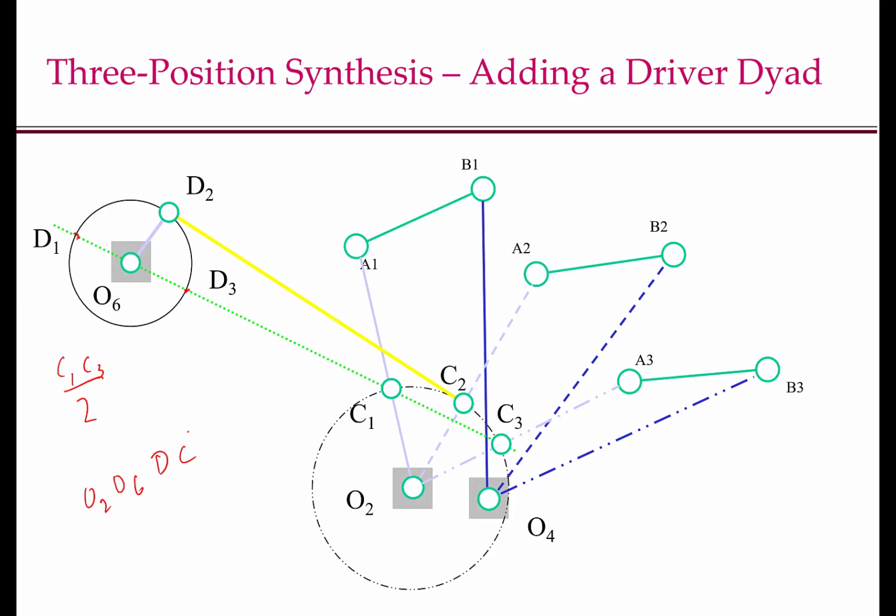If we do not get a Grashof mechanism for O2, O6, DC, then you have to choose another point O6 and repeat. After making sure that O2, O6, DC is a Grashof mechanism, you also need to check the transmission angles of this 4-bar mechanism. If you do not have the desired transmission angles, then you have to choose another O6 and repeat till you have a satisfactory driving dyad.